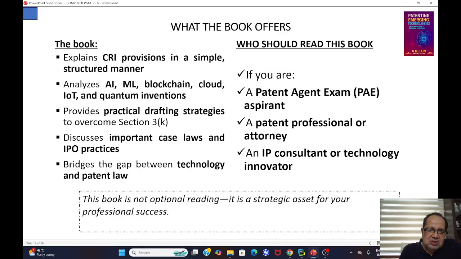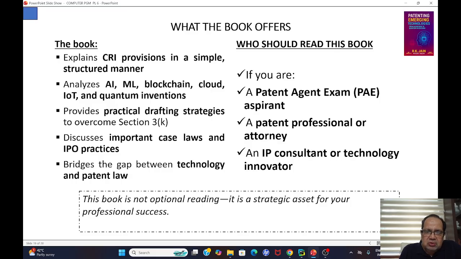The understanding of this is very important, because the drafting strategies which were there for examining traditional technologies do not suffice for these new era technologies, primarily because the basic structure, process, and even the systems by which these technologies are emerging are totally different from the traditional technologies.